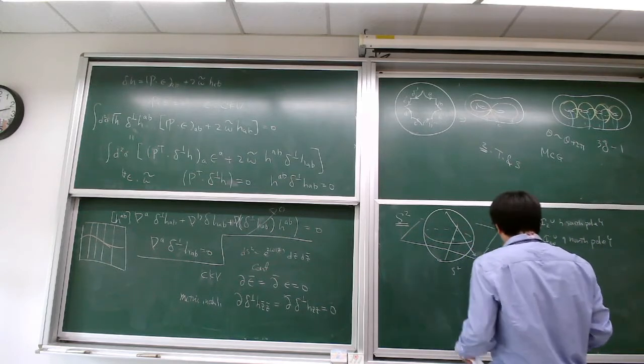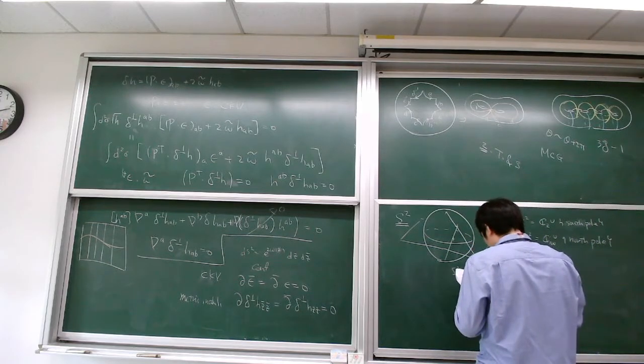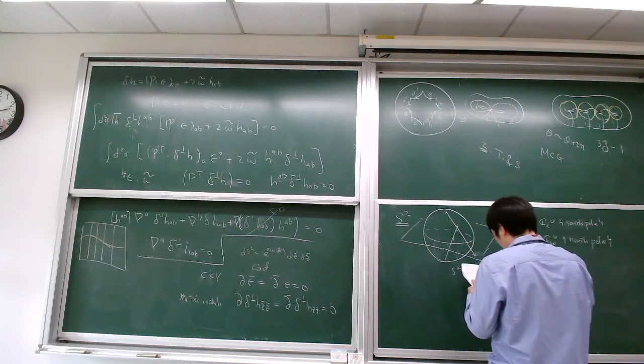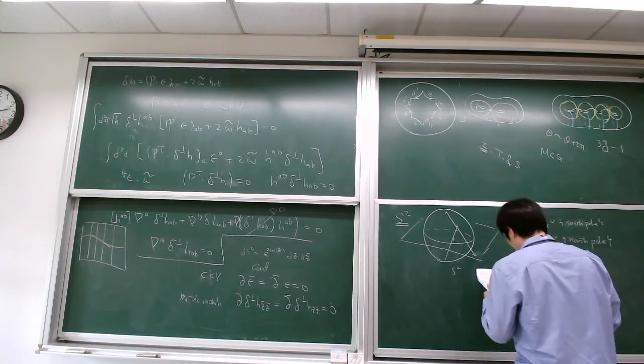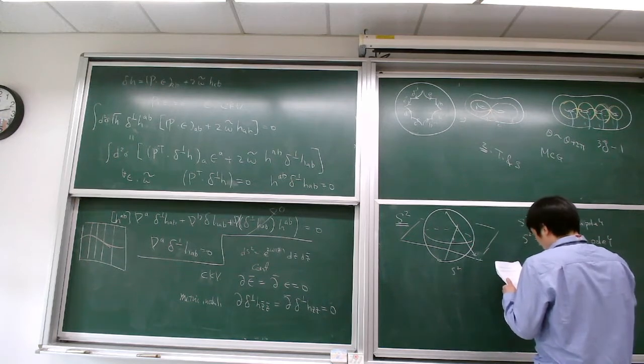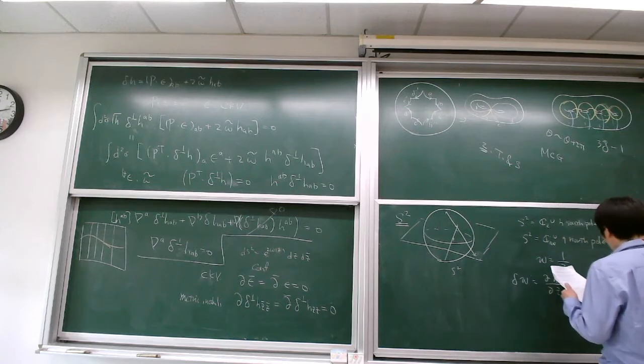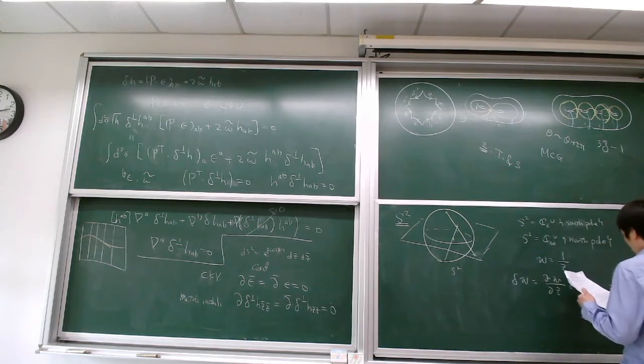Therefore, this coordinate transformation will tell us that if you take the infinitesimal transformation for this coordinate transformation, you get delta W equal to minus 2 delta Z.